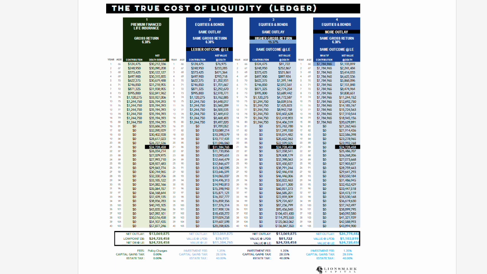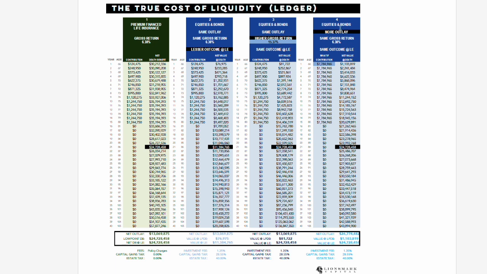If the client wants to know what they can do to generate the same $24.7 million in outcome at life expectancy, again, this is after tax, if we look up top here, the client would have to earn a gross return of 15.37%, which is more than double the gross return that we are showing in the premium finance life insurance policy.